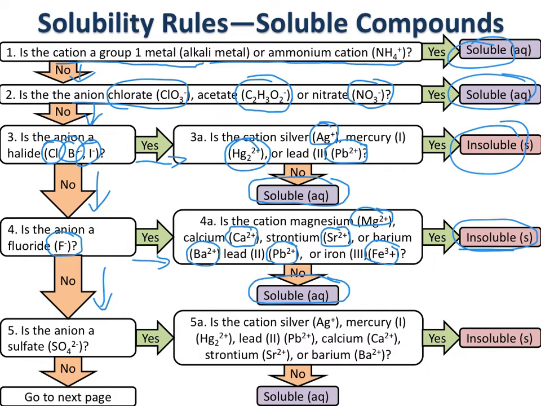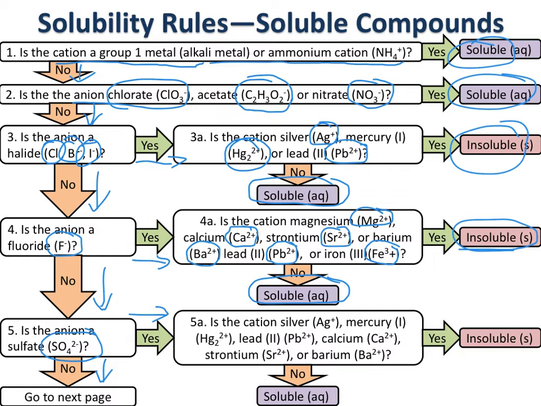Question 5. Is the anion sulfate, SO4? If the answer is yes, then go to question 5A. If the answer is no, then go to the solubility rules for water-insoluble compounds, jump to question 6. Question 5A.